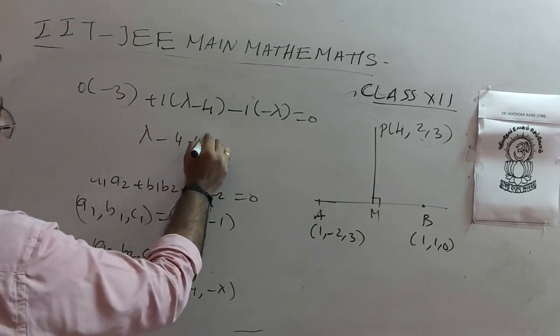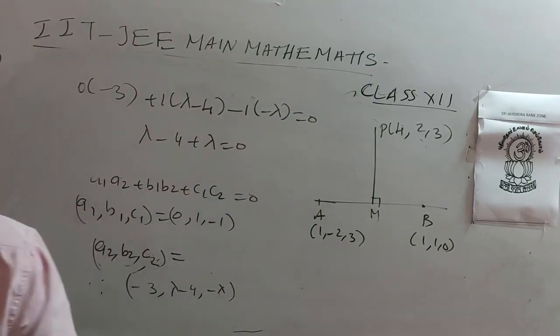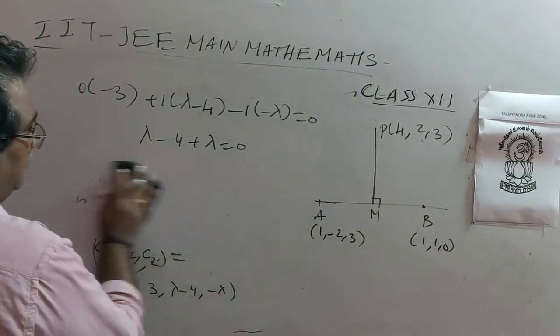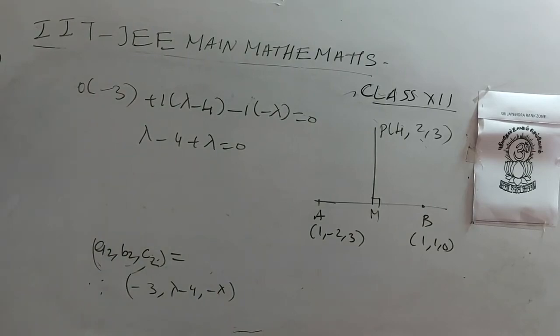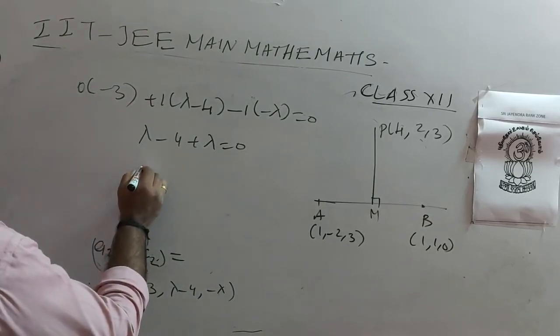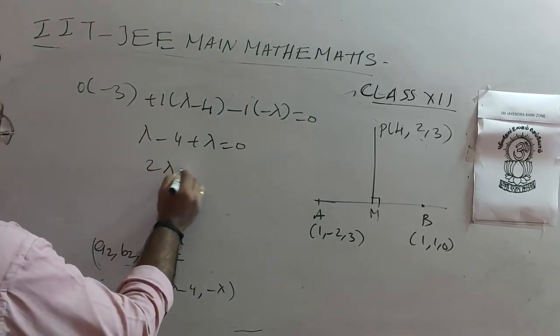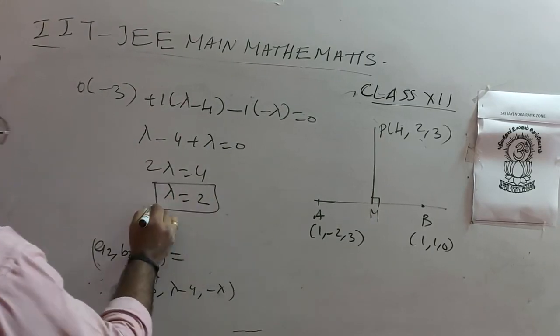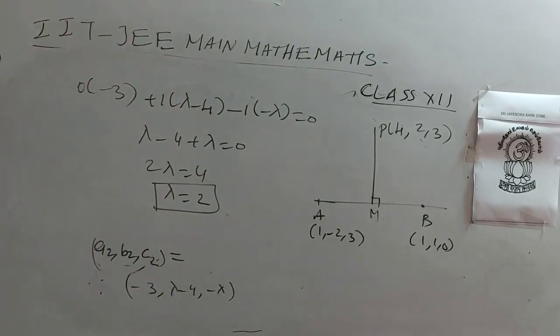Lambda minus 4 plus lambda equal to 0. Two lambda equal to 4. Lambda equal to 2.